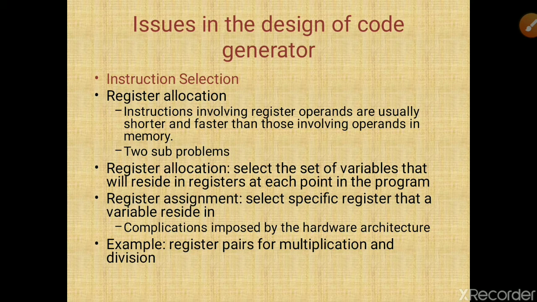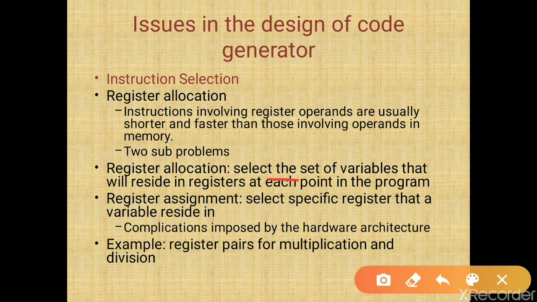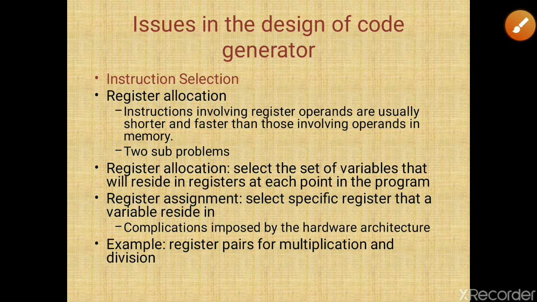In register allocation, we select the set of variables that will reside in registers. In register assignment, we select the specific register that a variable resides in. An example is the register pair for multiplication and division.